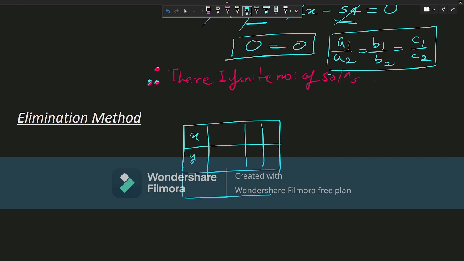So you will write x comma y here. Now if you need to draw the graph, you're going to need points. To get those points, you need to put certain values of x and y in the equations. Suppose you take 0 as the value of x, something changes in the equation, and you get the value of y as 1. This is just for example purposes, and then you write 0 comma 1.